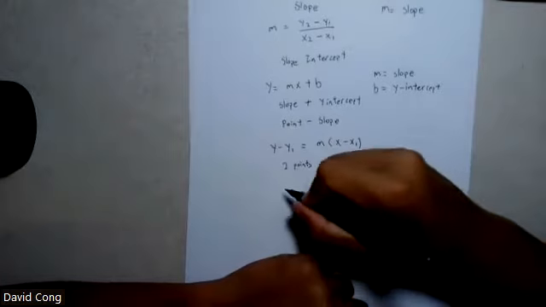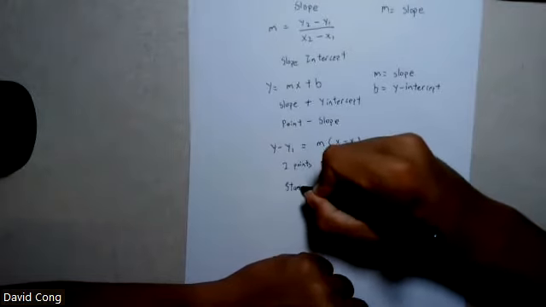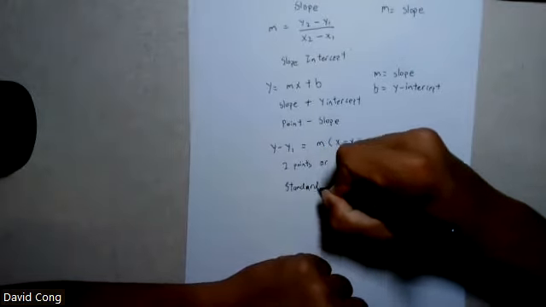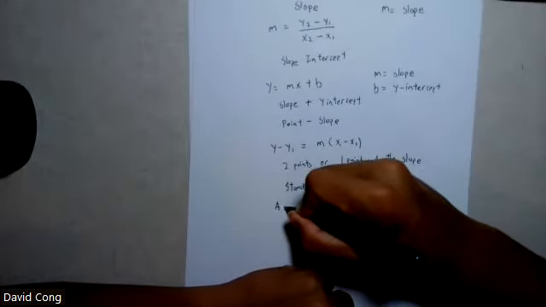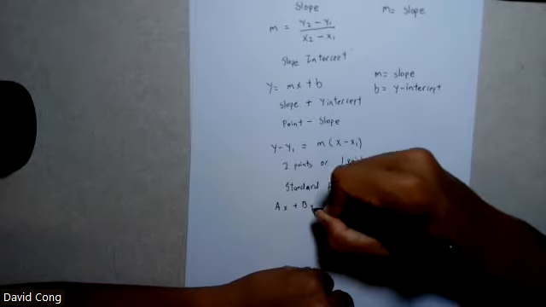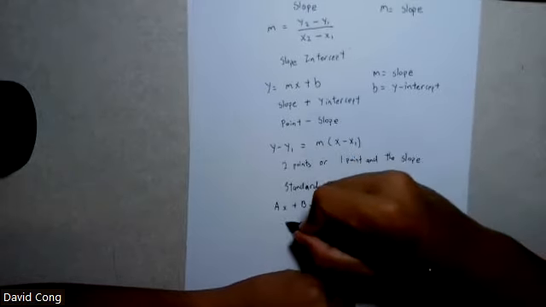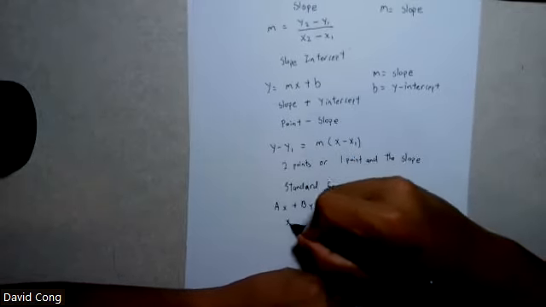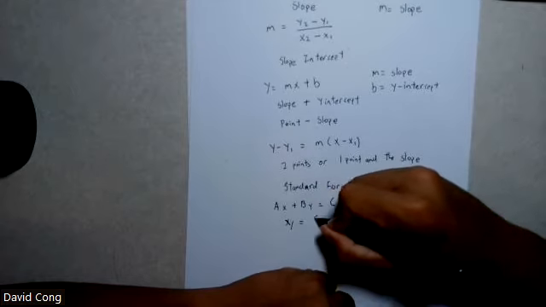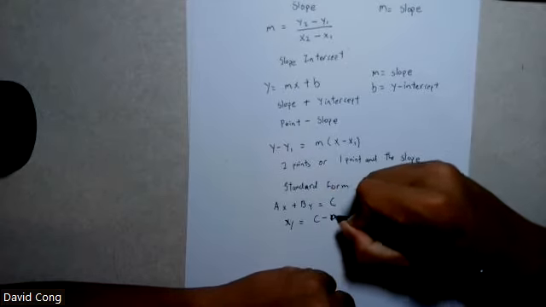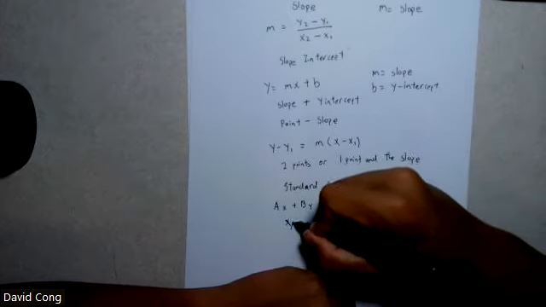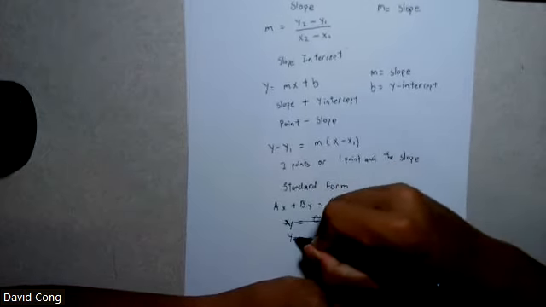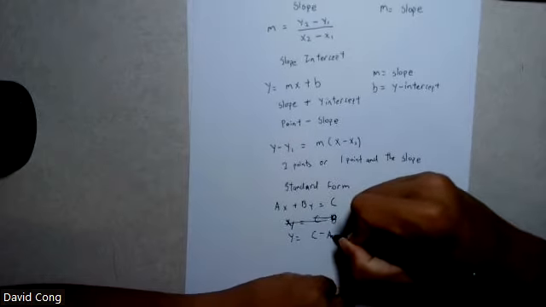And then for the last one, which is standard, oh wait, I wrote that wrong. Y is equal to c minus ax.